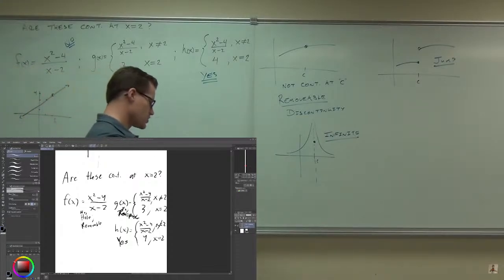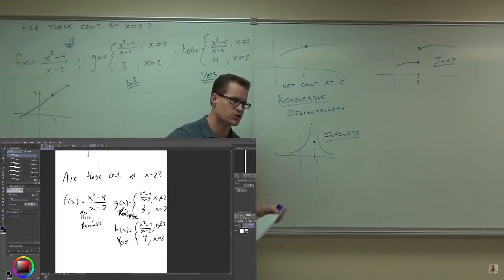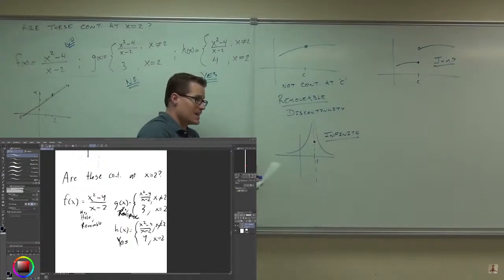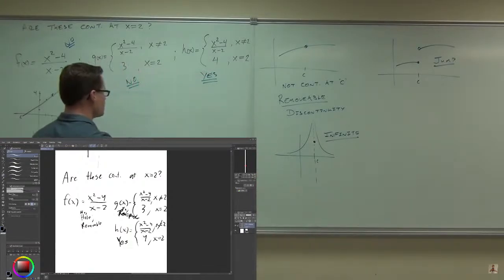If a function is continuous at each point between a certain interval, like a, b, we can say it is continuous on the interval a, b.